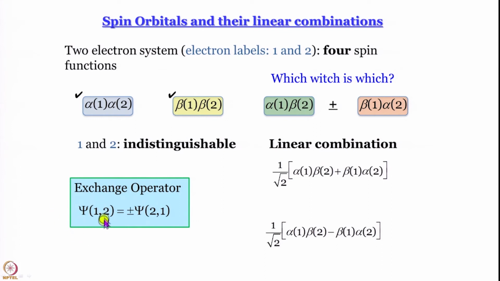When you apply exchange operator to psi 1 2, then it can become either plus psi 2 1 or minus psi 2 1, okay, something like that. Not all wave functions will be like that, but we are going to work only with wave functions that are either symmetric. Symmetric means eigenfunction of 1, the sign is plus, or antisymmetric. Antisymmetric means eigenfunction of minus 1, we have minus sign here.